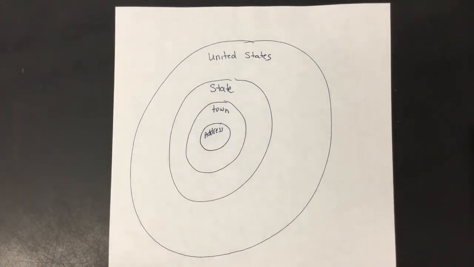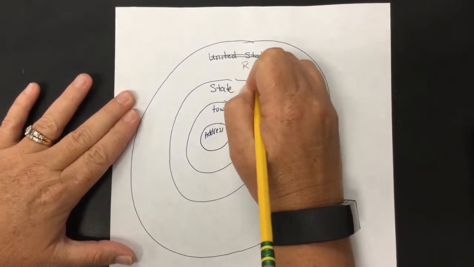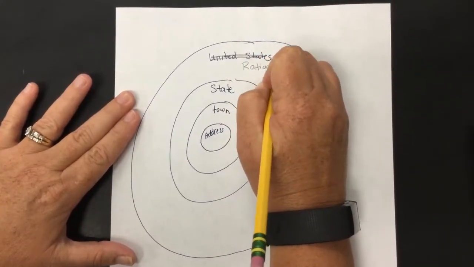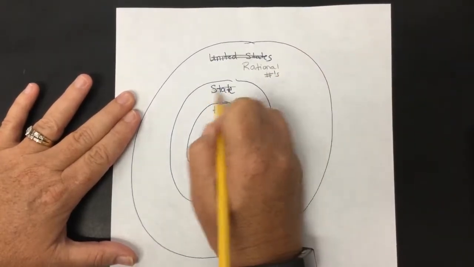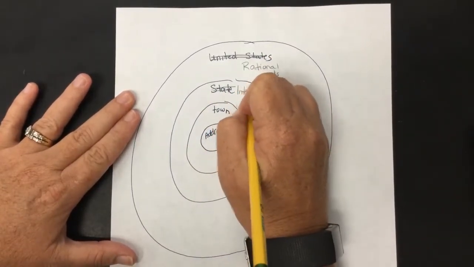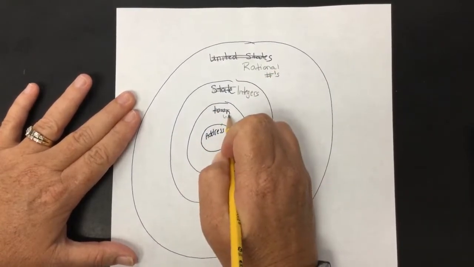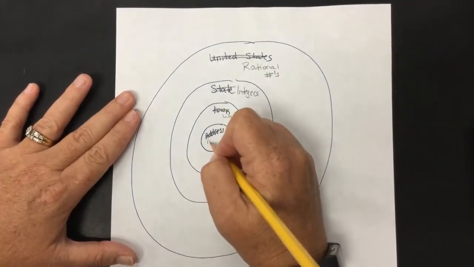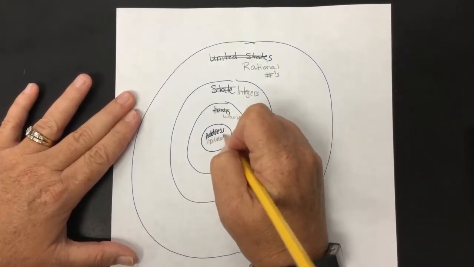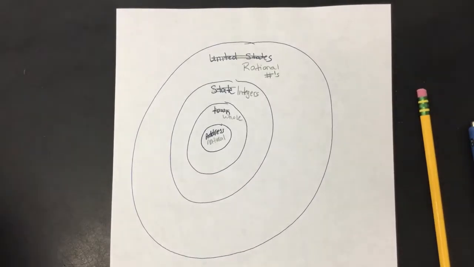Now, instead of using United States, state, town, and address, this would be rational numbers. This would be integers. Then we have whole numbers. And then we have natural numbers, as we got more and more specific.